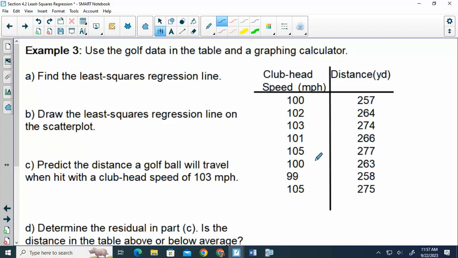And then where are you going to go to get your line? Stat, calculate, number 4. Okay, so it says y equals ax plus b. So a is your slope. b is your y-intercept.